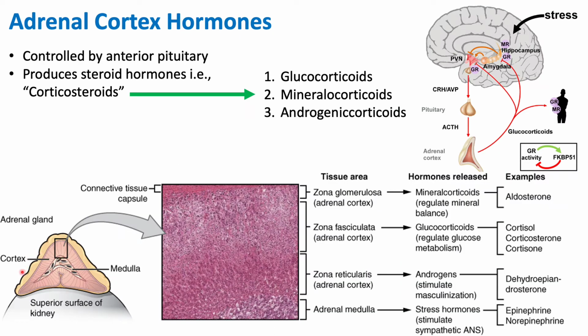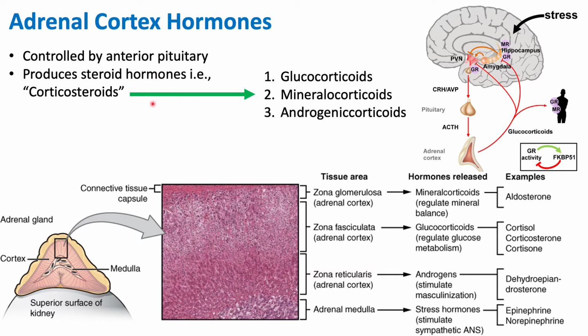So starting off with our adrenal cortex, which makes up the exterior of our adrenal gland, which is superior to the kidney, that adrenal cortex is actually controlled by our anterior pituitary. So first we have to remember what the anterior pituitary is and how it's able to control the adrenal cortex. Well, in the brain we have this structure referred to as the hypothalamus.